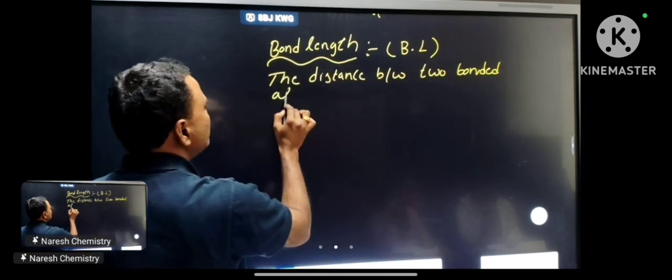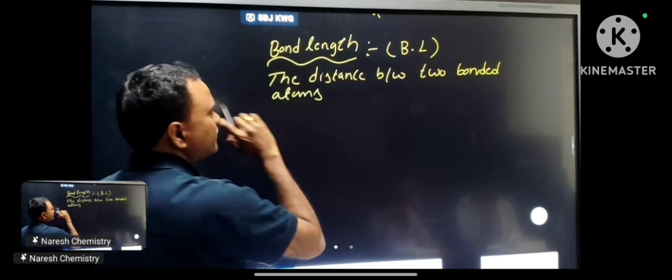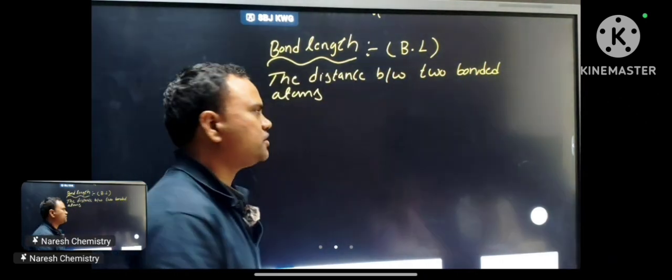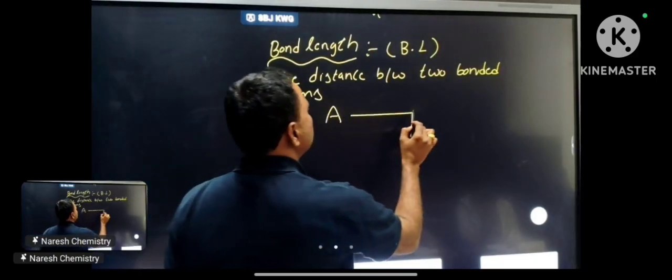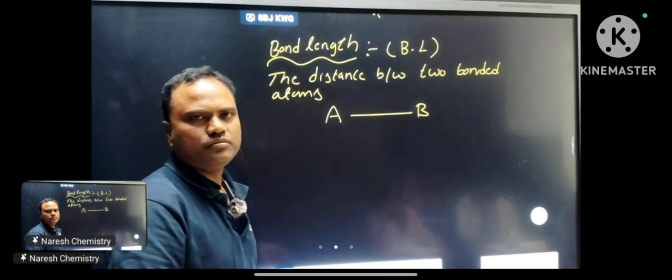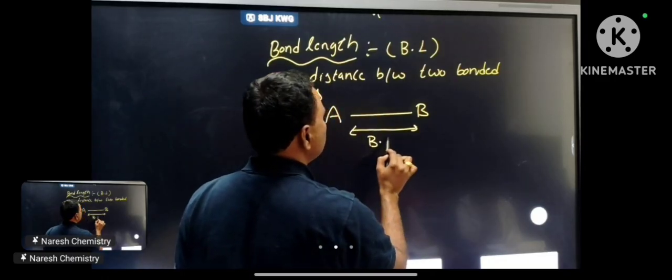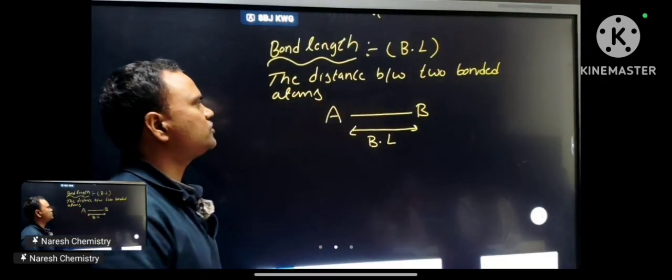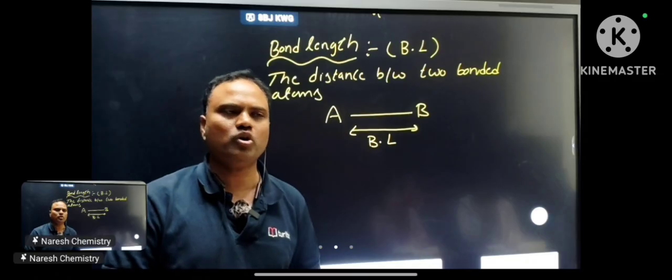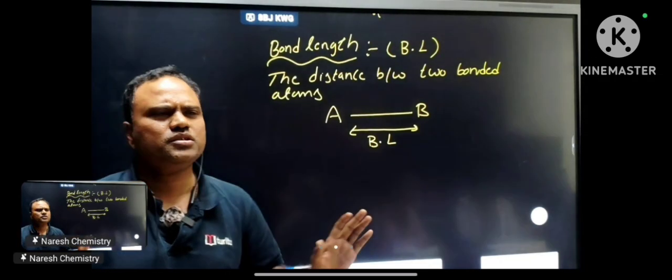For example, let us take A as one atom and B as one atom. This length is called bond length. The distance between two atoms in a molecule is called bond length. This general definition is enough.